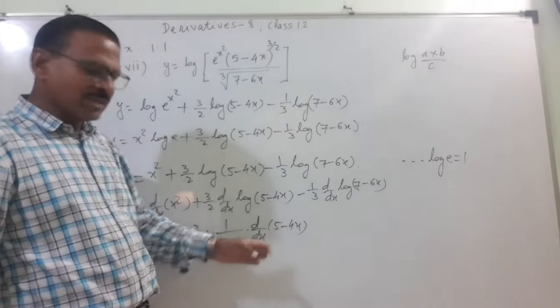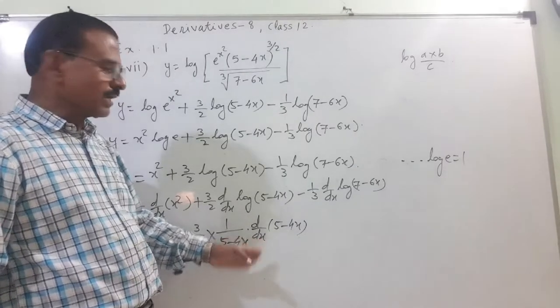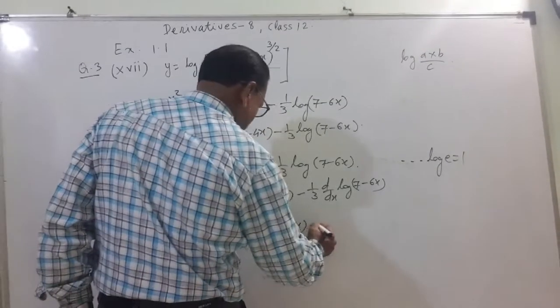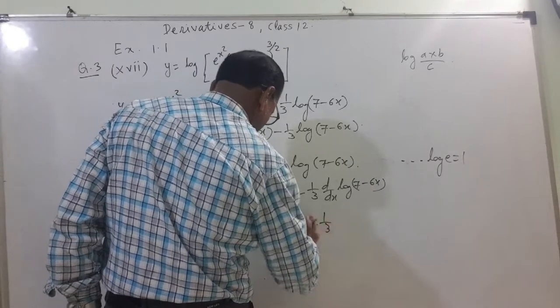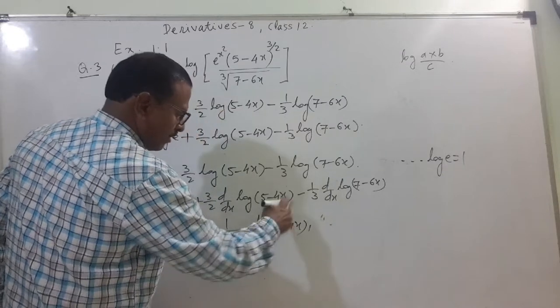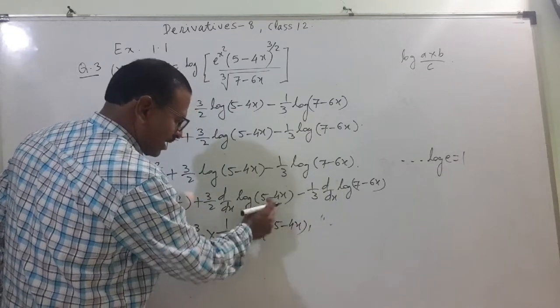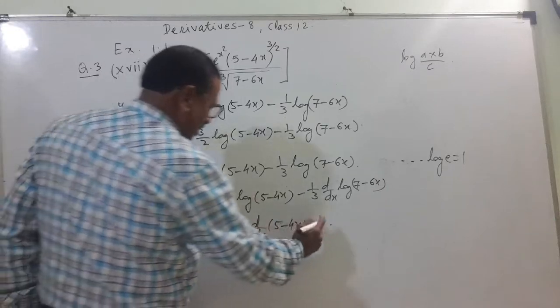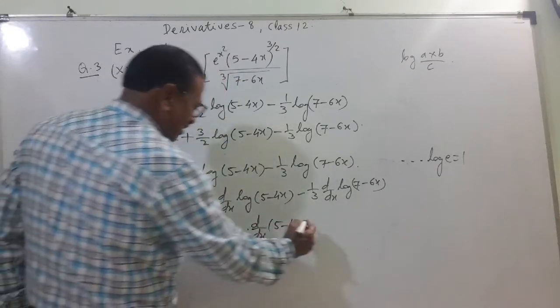But some show-offs will say, instead of doing that, take the derivative directly. But go stepwise. Minus 1 upon 3 into the derivative of this. Either you can take the derivative directly and write, or you can mention it. But it is always better to mention it.